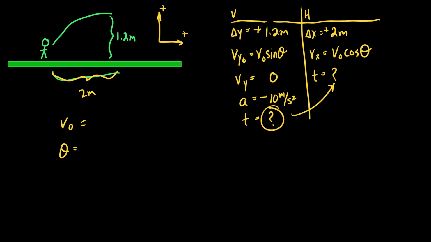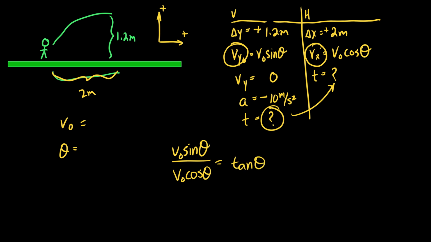Let's say we do get a number for these two things, correct? Well, V naught sine theta divided by V naught cosine theta will be tangent theta. Does everybody see why that must be true?